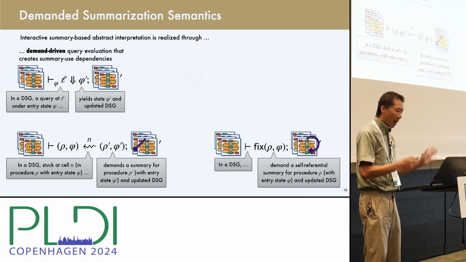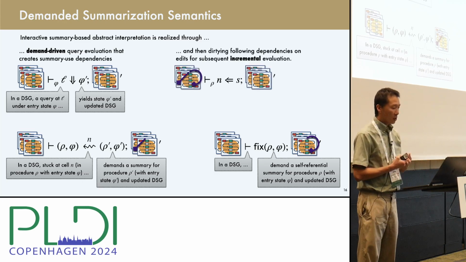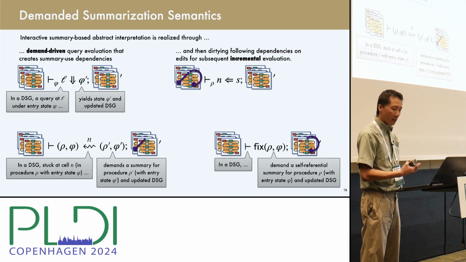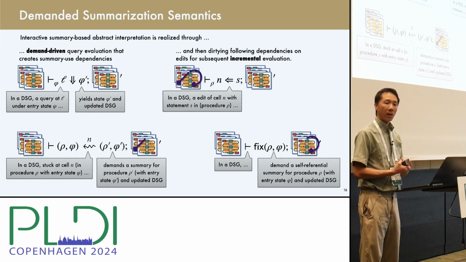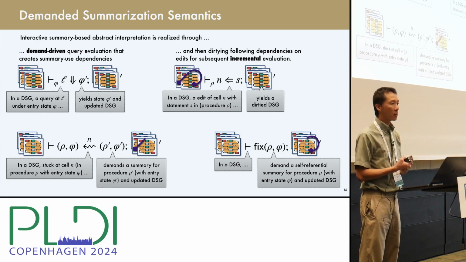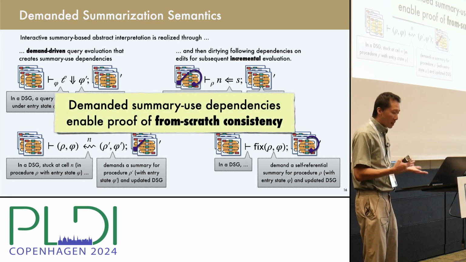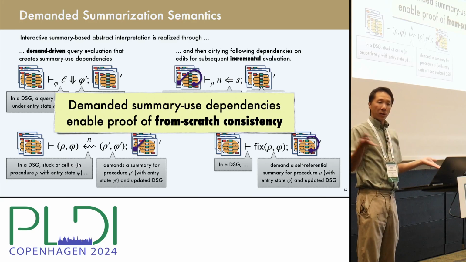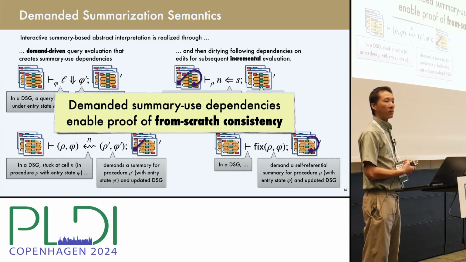But once we have that, in the DSG we have a subsequent edit: an edit of cell n with statement S just yields a dirty DSG, and we can continue this process. The summary here is that the demanded summary use dependencies that we carefully created through this query evaluation enable this proof of from-scratch consistency.